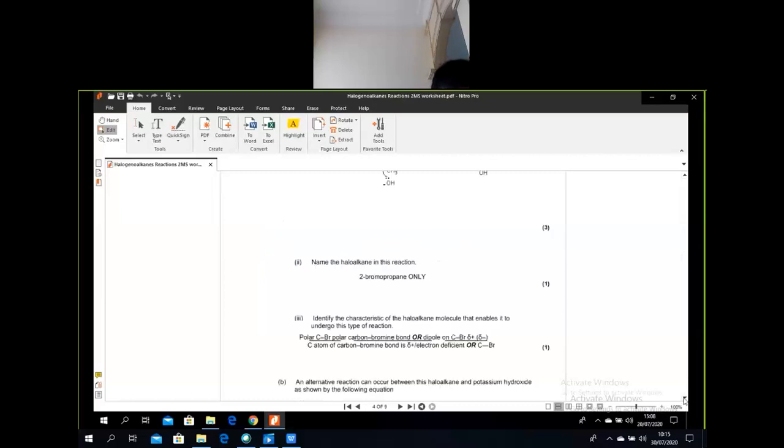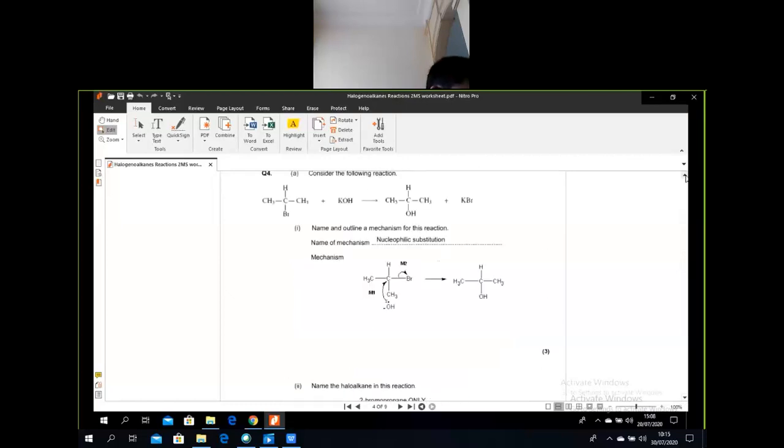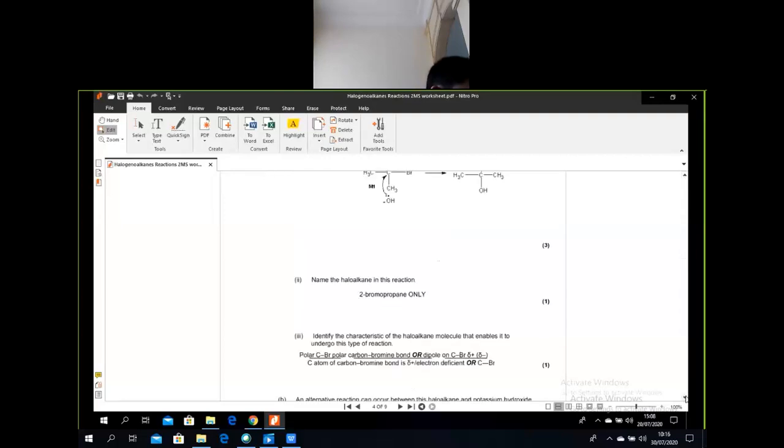Now let's continue. Name the halogenoalkane in this reaction. The halogenoalkane name in this reaction is 2-bromopropane, because the bromine is located at carbon atom number 2.